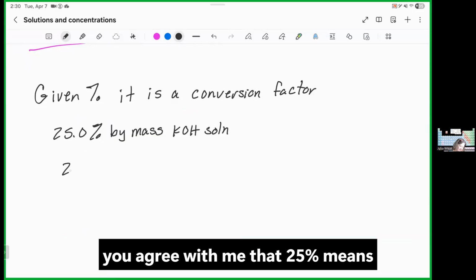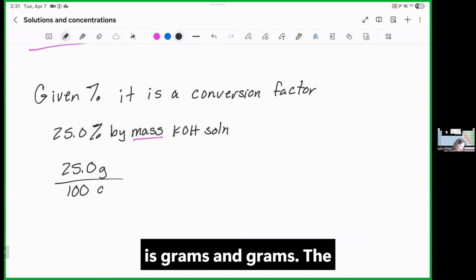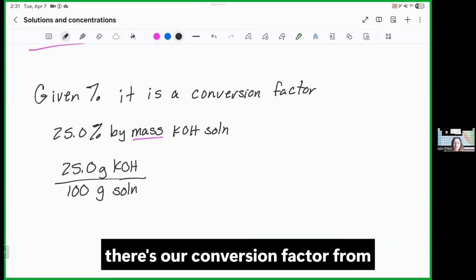Okay, do you agree with me that 25% means 25 over 100? Because it is by mass, that is grams and grams. The top is your chemical, the bottom is your solution. So there's our conversion factor from that.